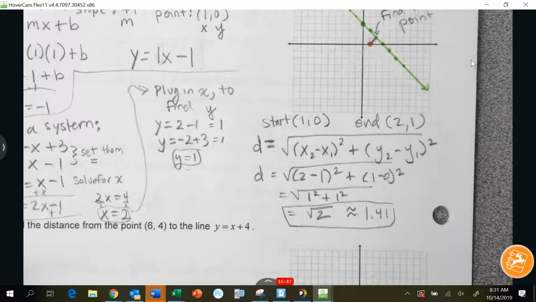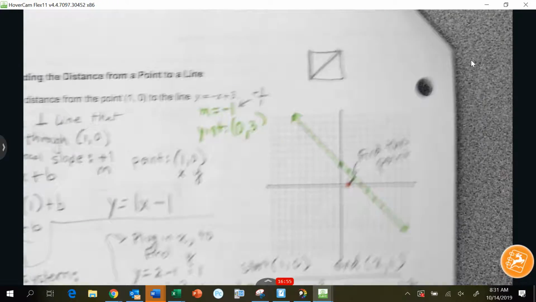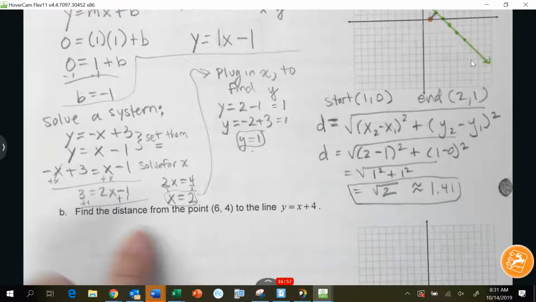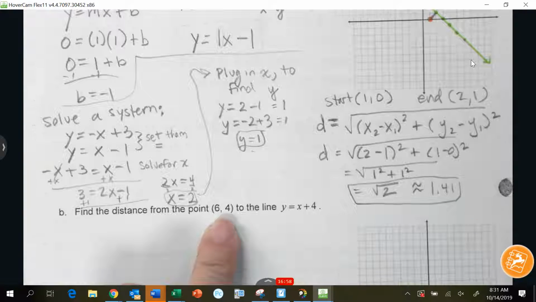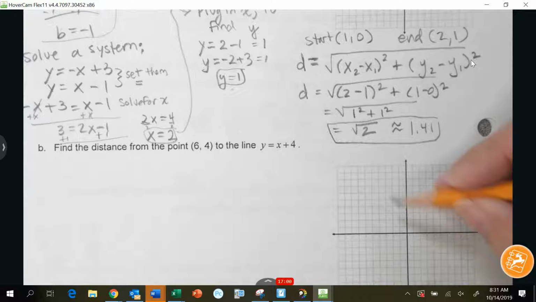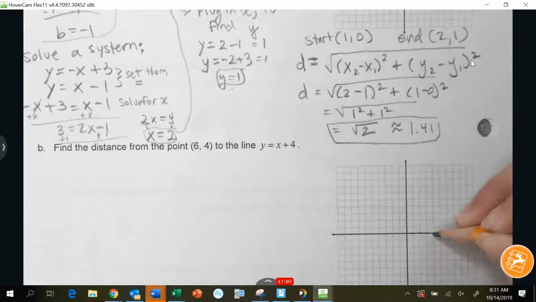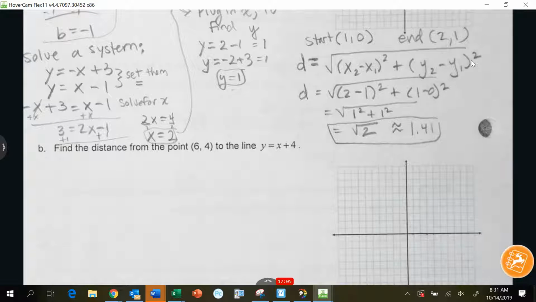All right. So let's do all of that again. We've got steps written down. Find the distance from the point (6, 4) to the line y equals x plus 4. You have to graph it so that we have something to go off of.